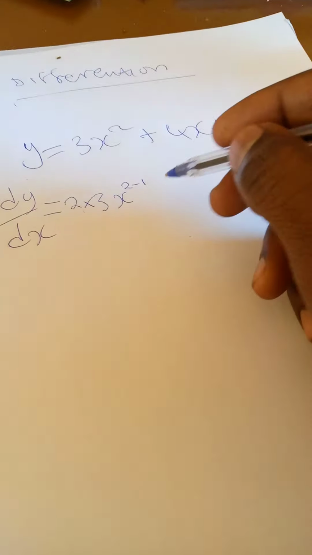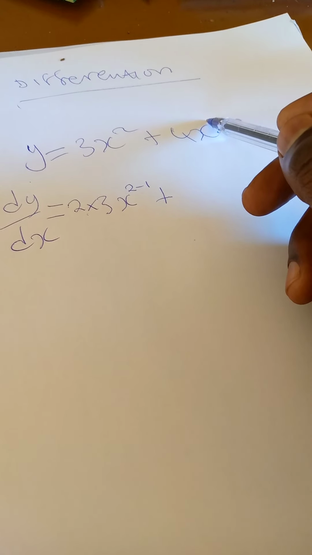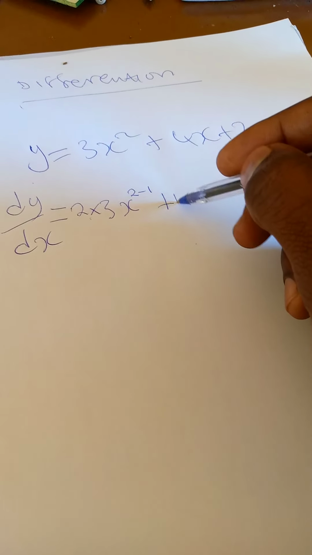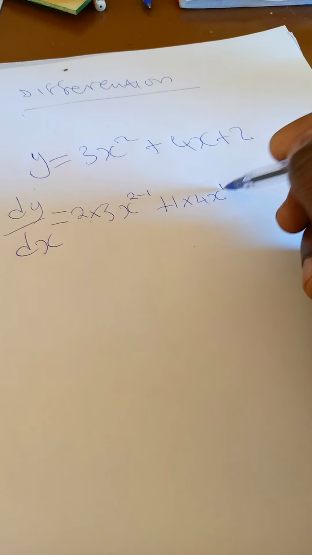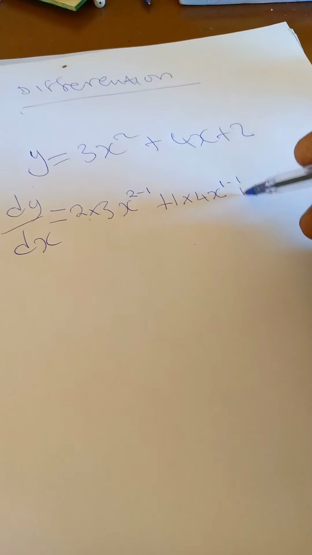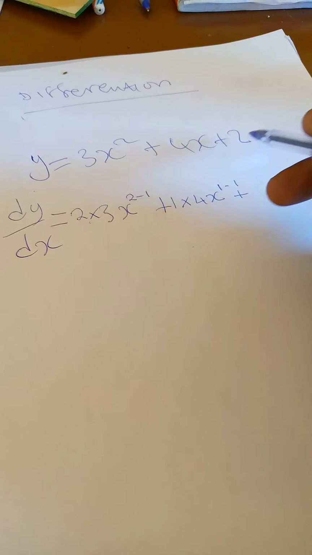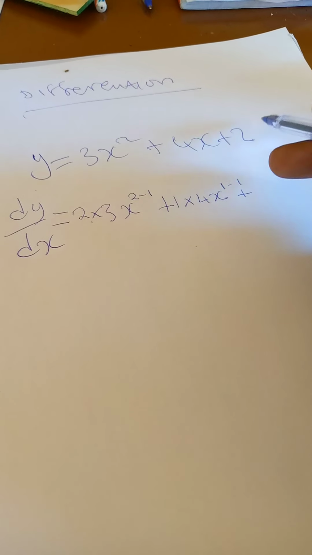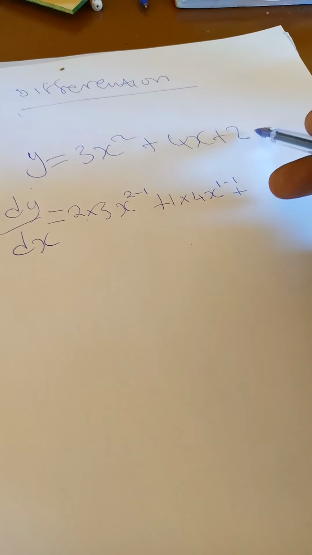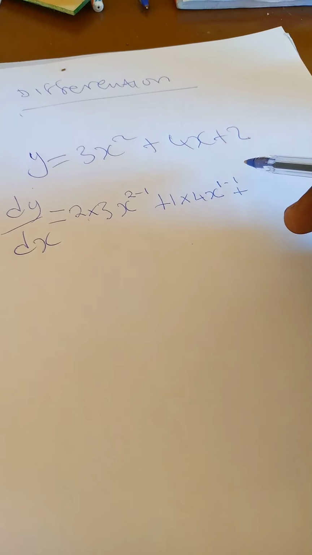The same applies here. My power here is 1. I'll get this 1, bring it down here, times this and take a 1 there. And then this constant 2 also has a variable x, but this variable is raised to a power of 0, because any letter to a power of 0 is always 1.